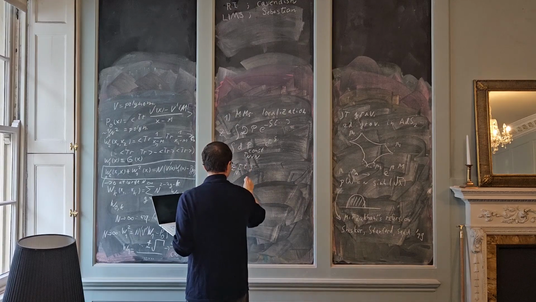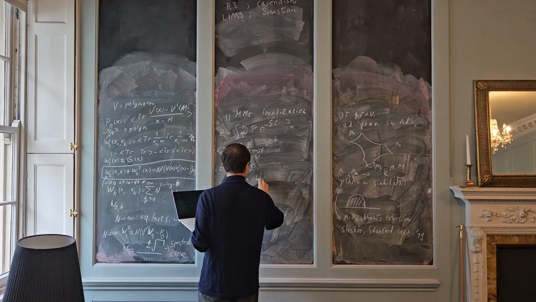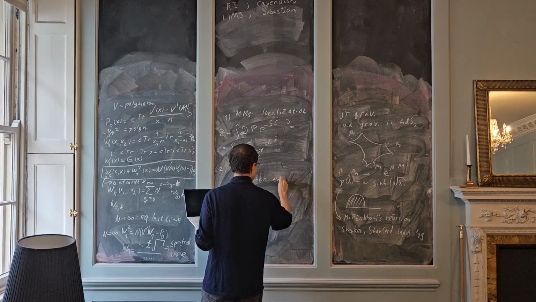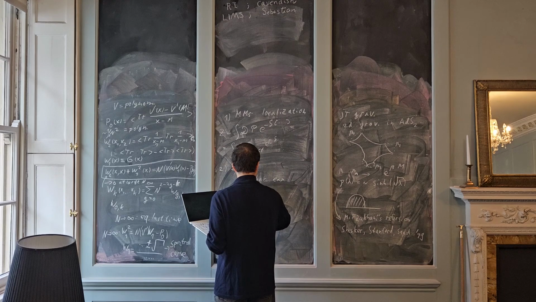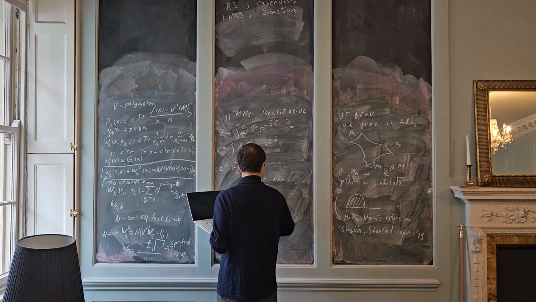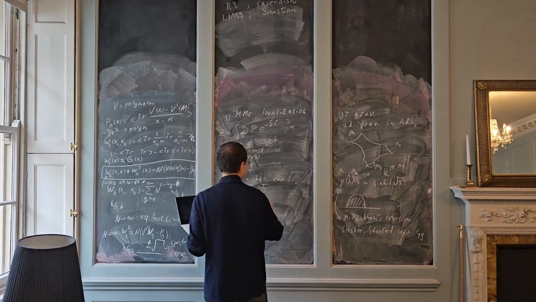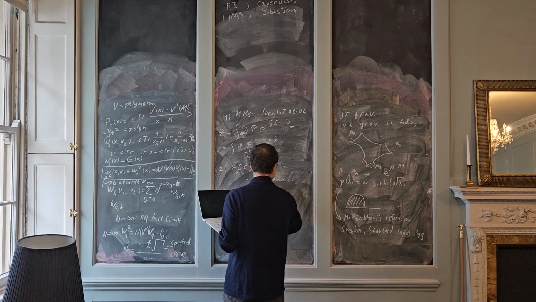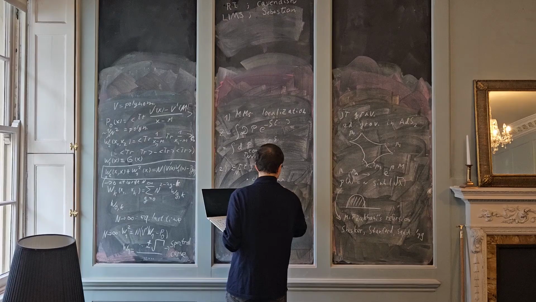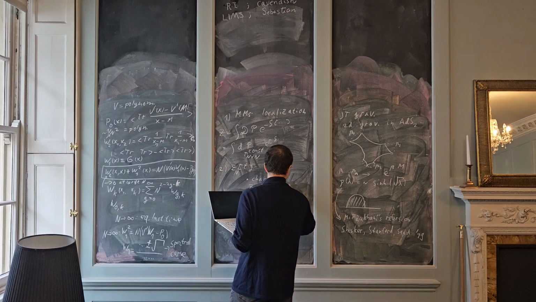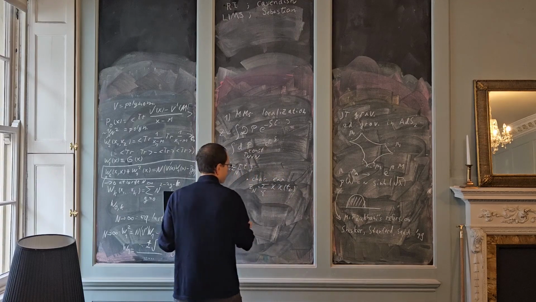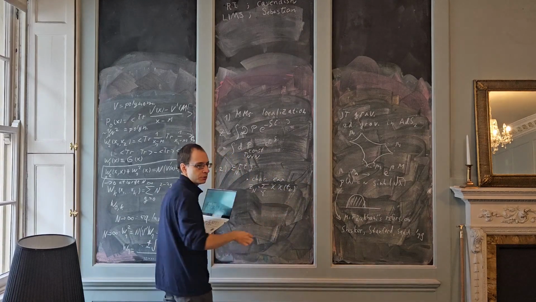One of them is character expansion, where you can write Z_n as a sum over some Young tableaux, representations of GL_N, and some characters. I will not go into details of what kind of characters, but these will be Schur polynomials of these t variables, basically multiplied by some combinatorial factors.